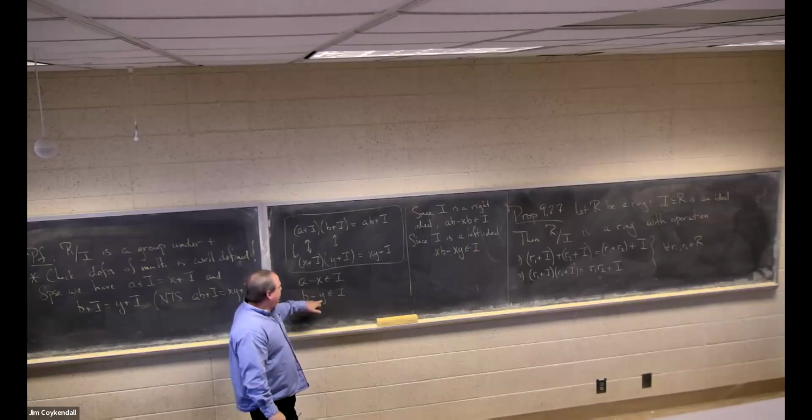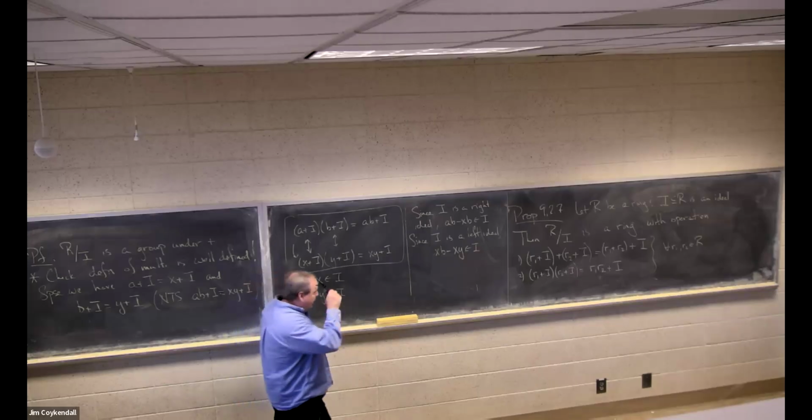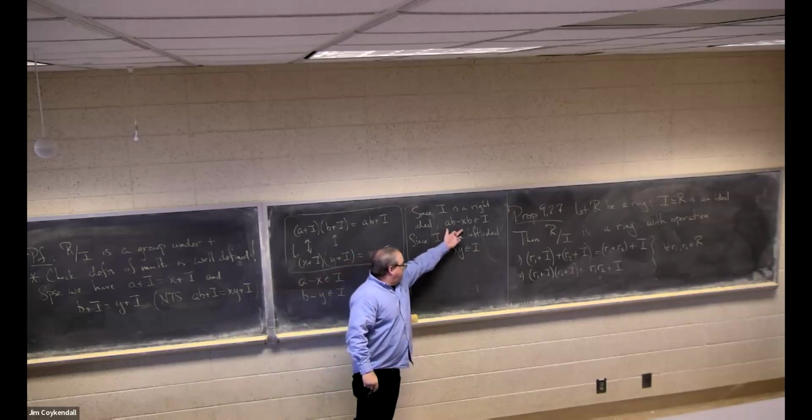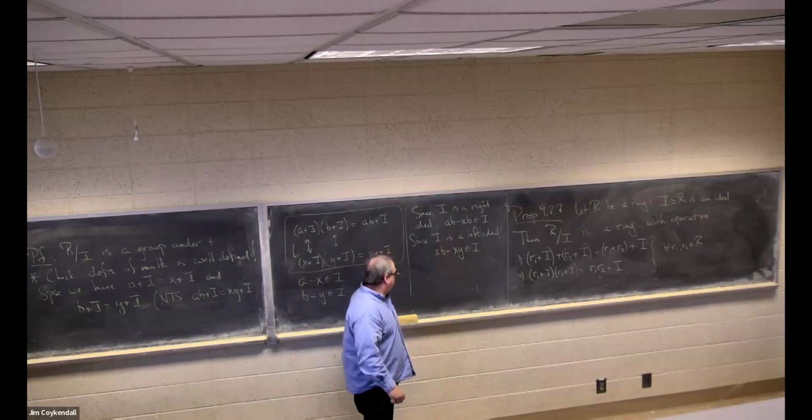And that gives me XB minus XY. That's also in I, right? This is why I need a two-sided ideal, because I need to suck in the B from the right and suck in the X from the left, right?